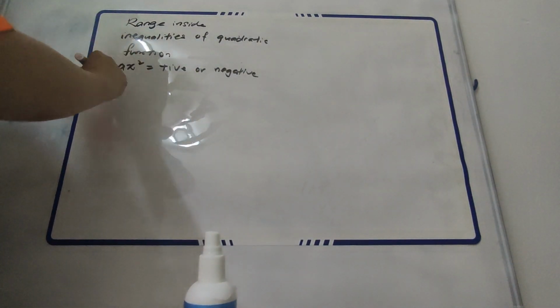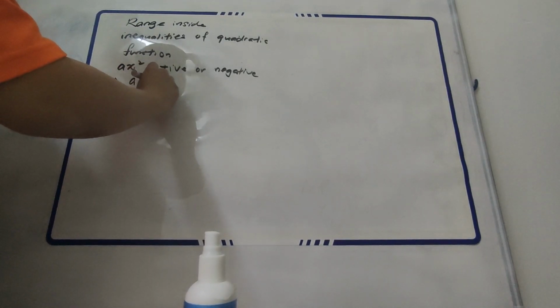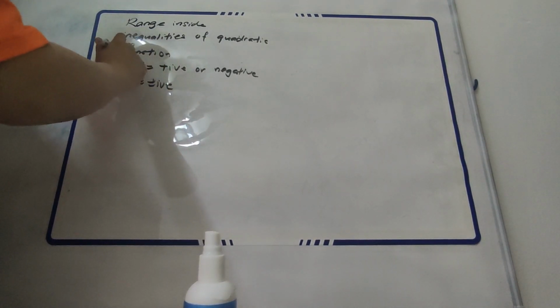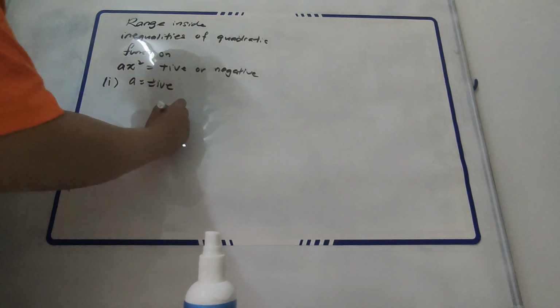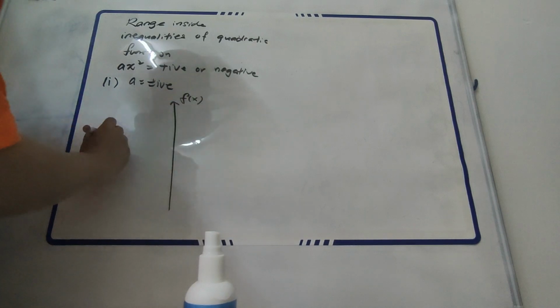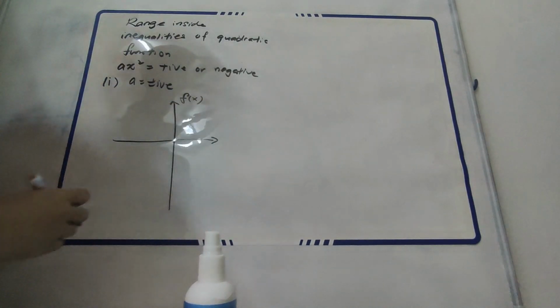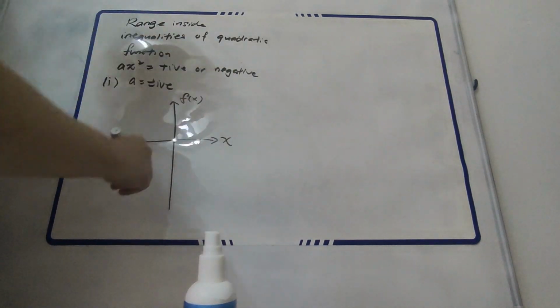So for the first case, if your a is positive, you will have a quadratic graph which has a smile face.